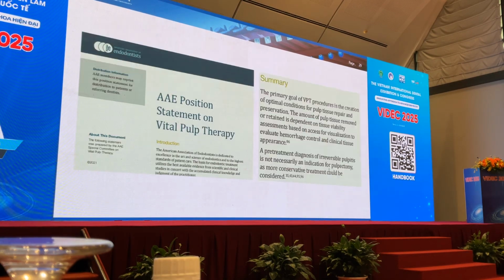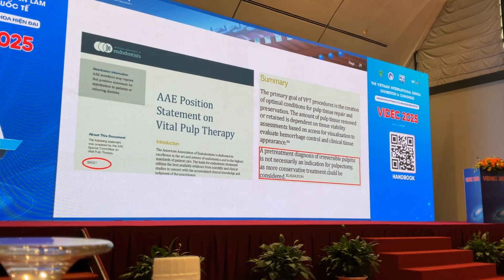And the end of the summary said that a pre-treatment diagnosis of irreversible pulpitis is not necessarily the indication for pulpectomy, as more conservative treatment could be considered.